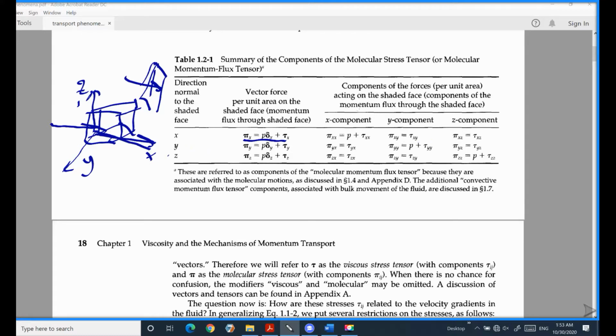For the y direction, for the shaded area, similarly we have that one because of pressure, and because of the viscous. This also has three elements. The first one is equal to that one. In here we don't have any pressure, because pressure is perpendicular to the surface.